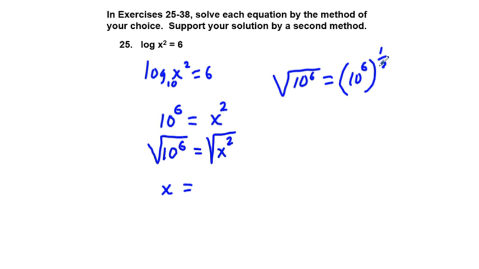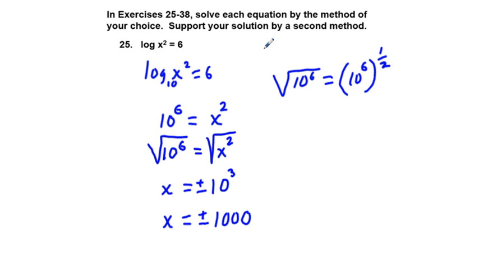What's 1/2 times 6? That's going to be 3. So we have 10 to the 3rd power, and since we're taking the square root, we have plus or minus. So x equals plus or minus 1,000, which is 10 to the 3rd power.